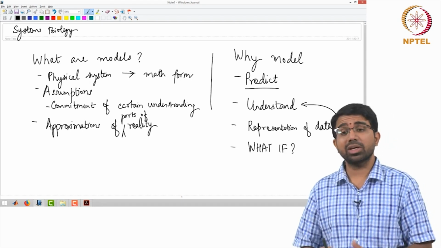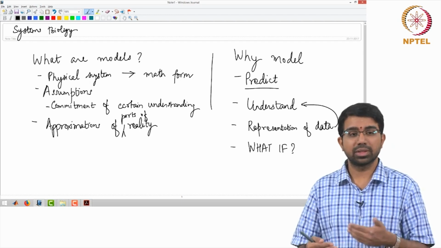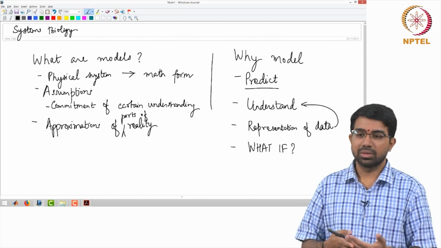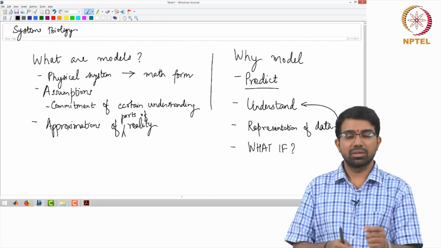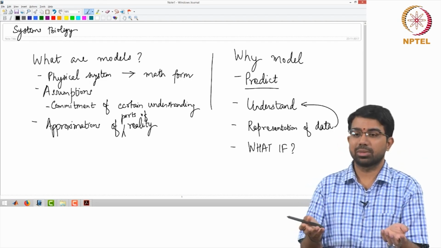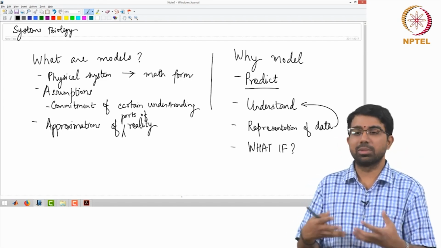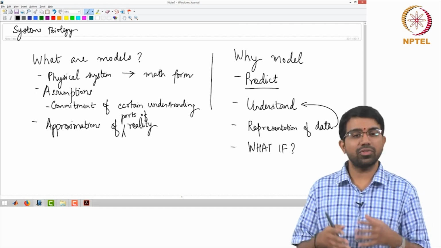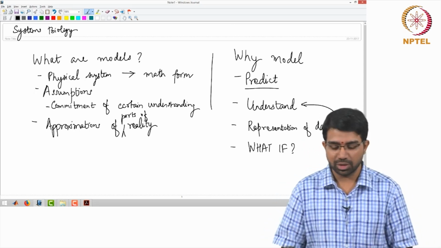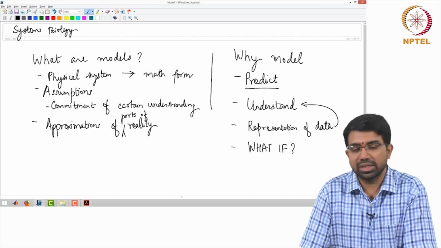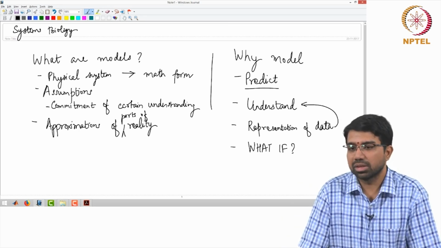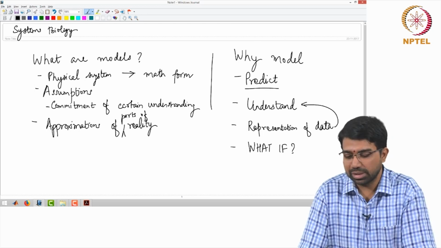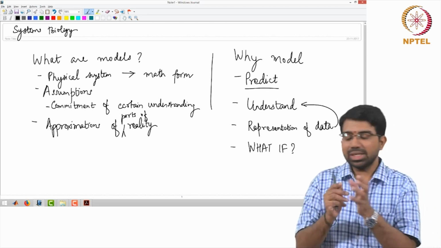So, can you actually prioritize what experiments to do? That is something that modeling can tell you. I have money to do 10 experiments, can you tell me what are the 10 best experiments to do? That is something a modeler should be able to do, right. So, what if is actually a very important aspect of how you model any system. It is the key reason for modeling many systems.